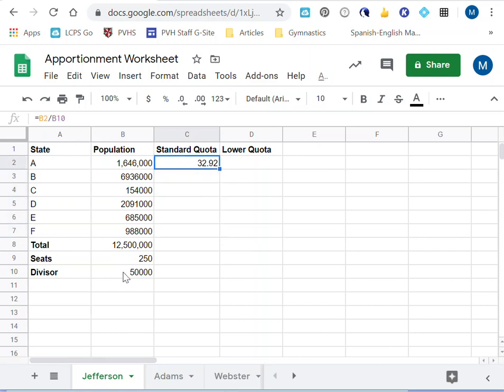Since we always want to divide by 50,000, I can change this by putting dollar signs in front of the B and in front of the 10. That's going to tell the computer that I always want to divide by B10. So now, if I copy and paste, I'm always dividing by B10. And that gives me my standard quota for each of the states. Now I'm going to go ahead and write that on the slide.